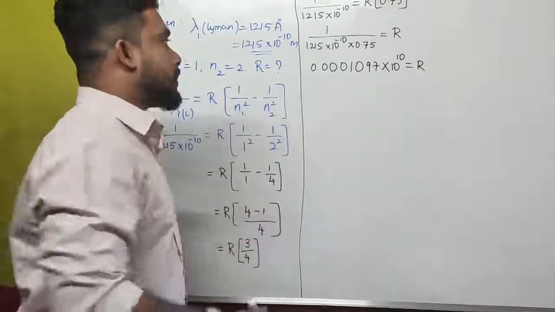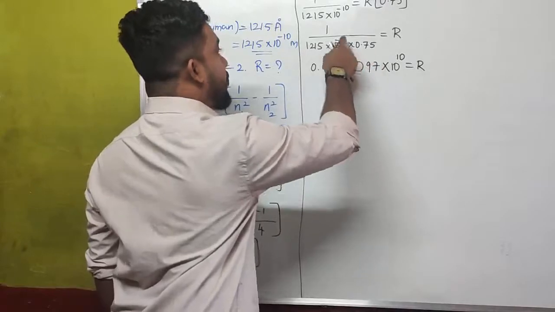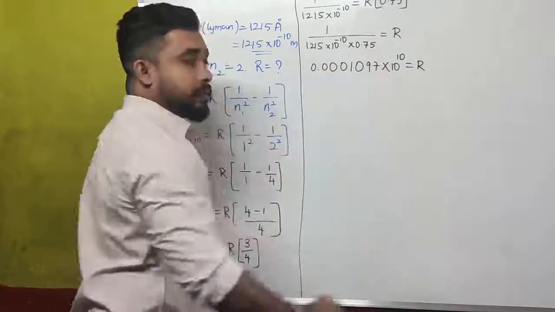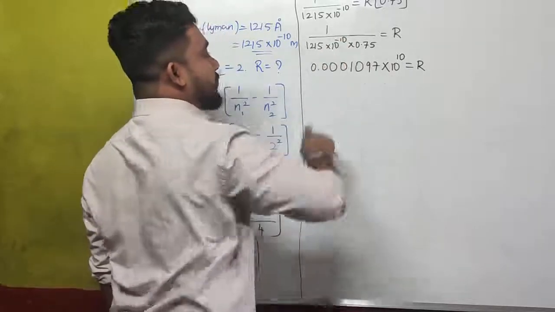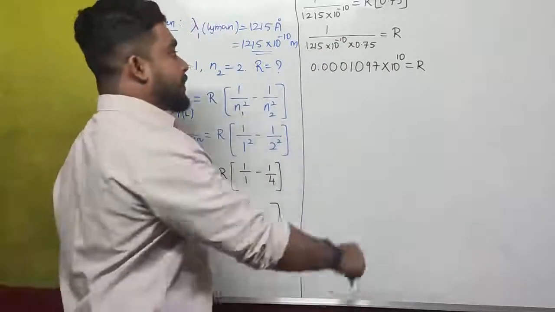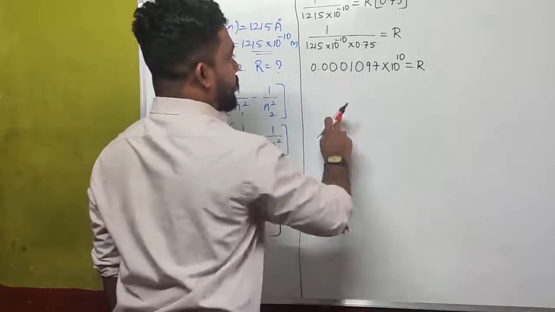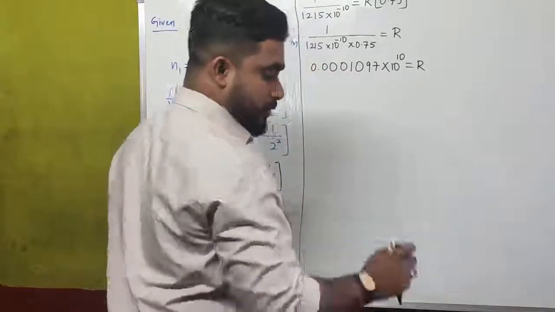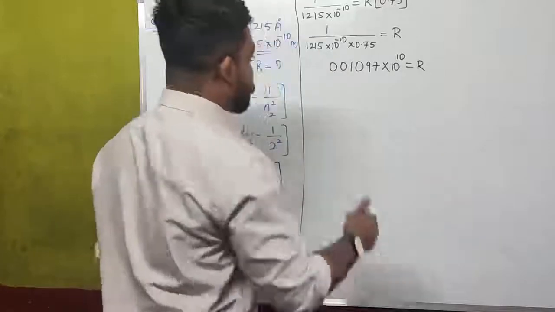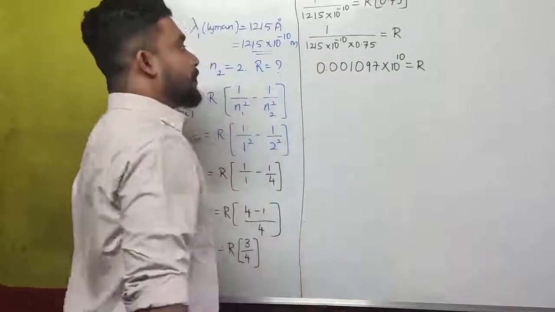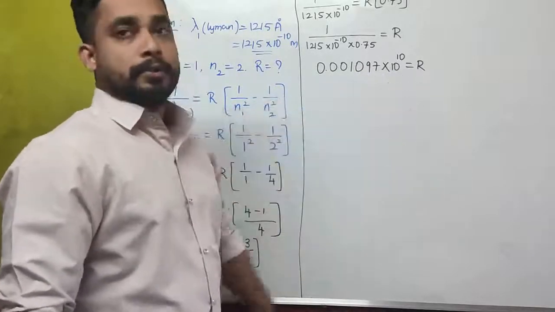Actually, what we have done here is multiplied 1215 with 0.75, and then divided 1 by it. Then only we get this value. The 10 to the power of minus 10 is sent to the numerator, so it has become plus 10. Sorry, this is not 3 zeros, this is 1 zero. So it is 0.001097 into 10 to the power of plus 10.